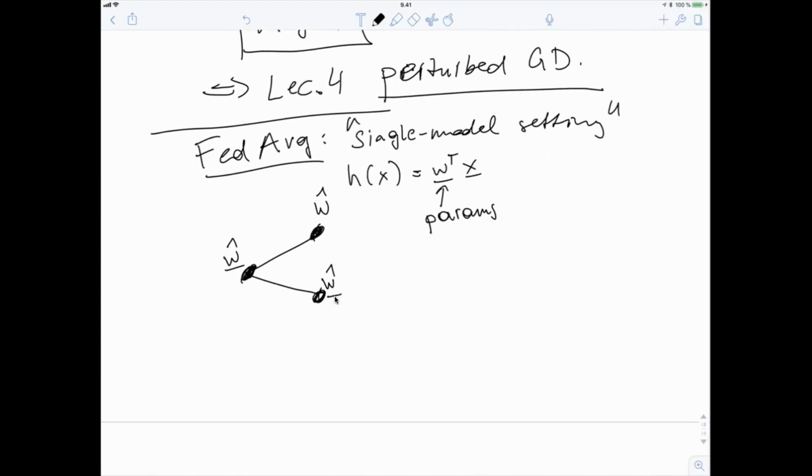In particular, we can formulate federated averaging as an optimization problem. Again, we want to minimize the average of the local loss at each node.